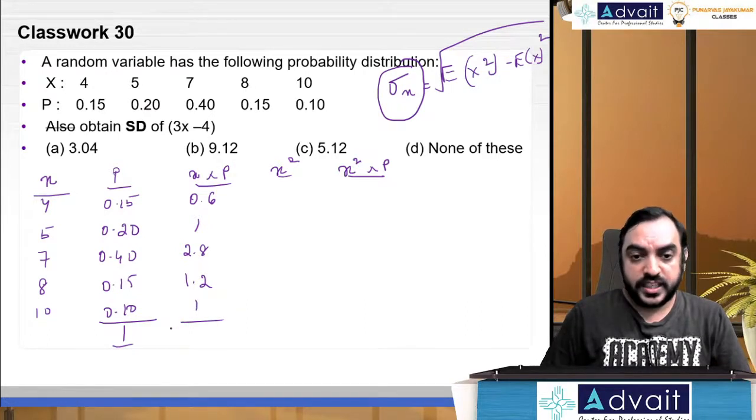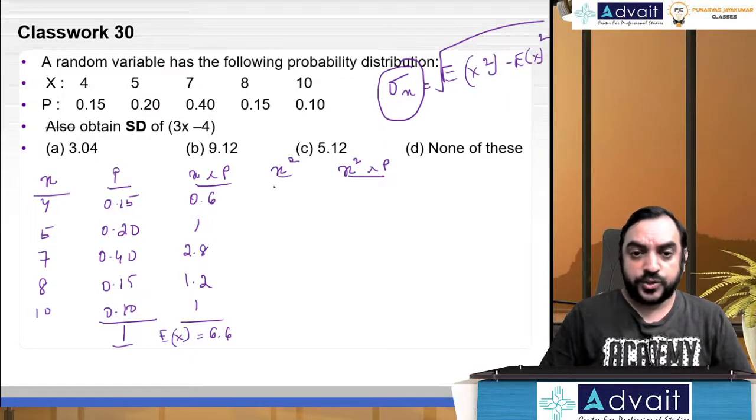So this is what is E of x. 0.6 plus 1 plus 2.8 plus 1.2 plus 1, that is 6.6.